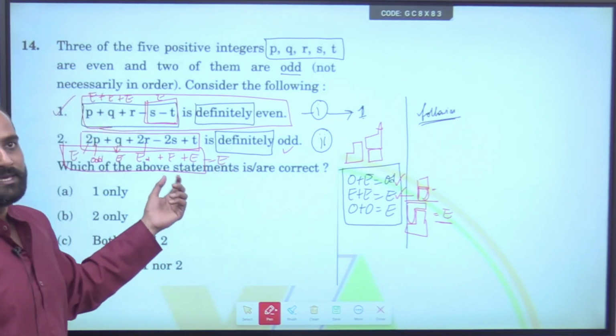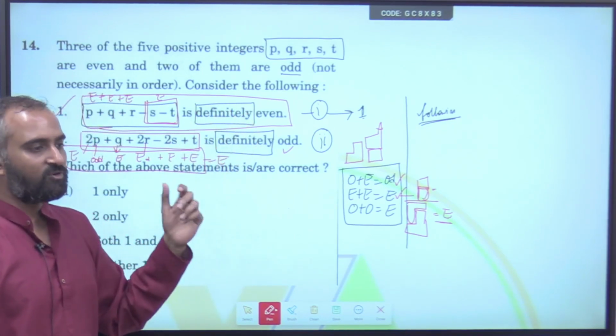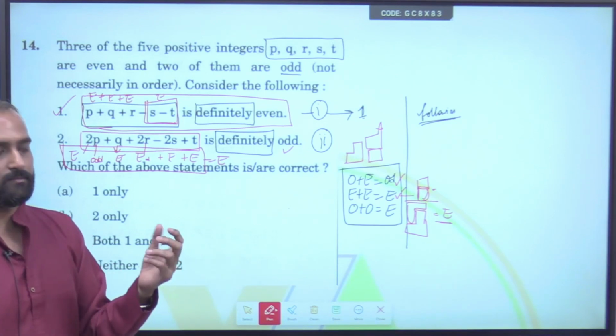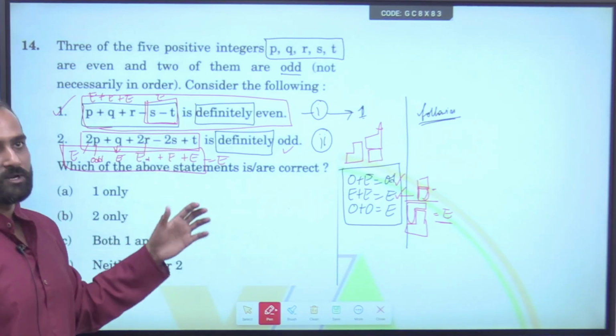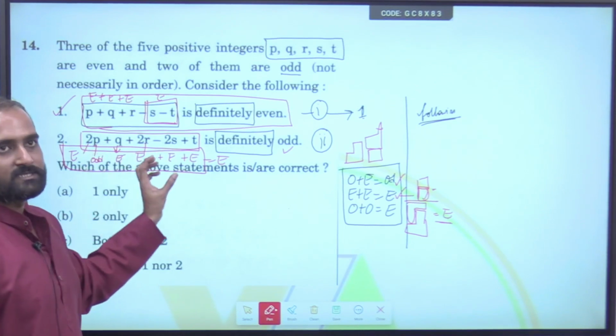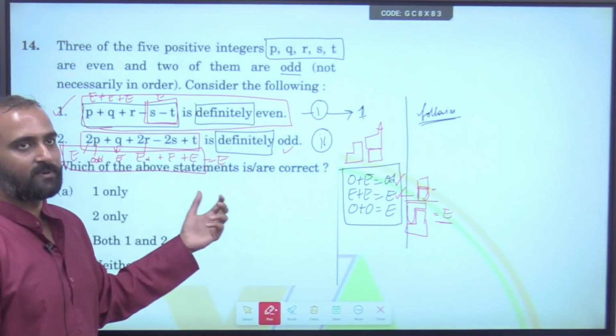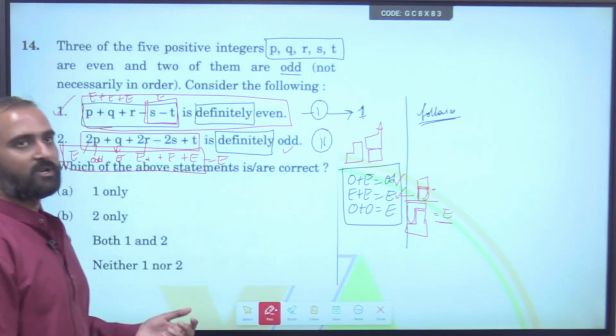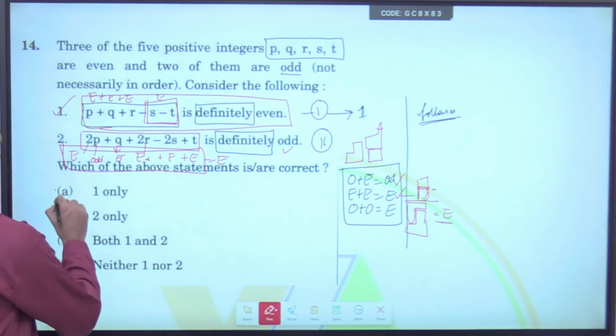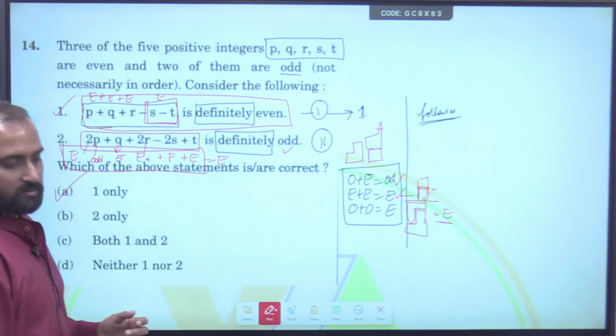So, instead of force fitting each instance, 1 or 2 or some other digits, just go by equations, go by basic principles, it becomes much easier. Now, this is only option 1.